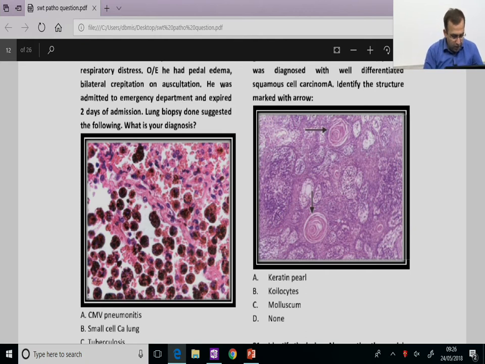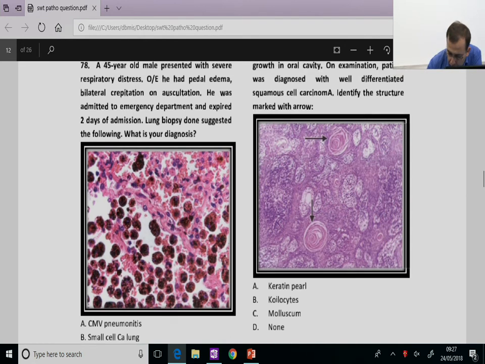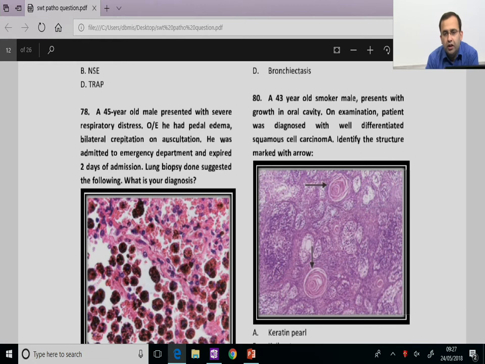Now again just look at the image. What we see here is the presence of malignant squamous cells with structures with arrows, that are the keratin pearls. So let us look at the written MCQ. 43, smoker male, growth in oral cavity. I need not even go further.